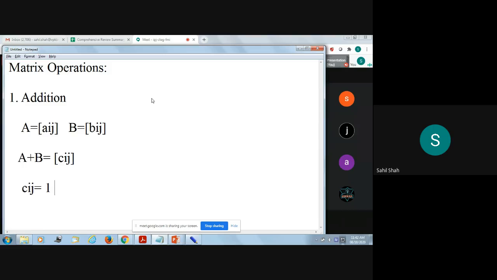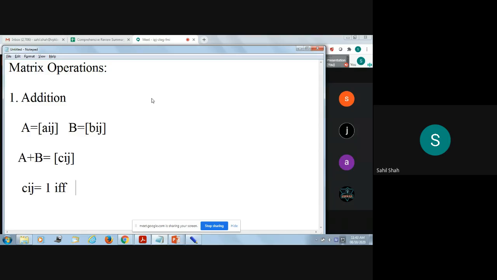Cij will be 1 if and only if, this will be a binary matrix, remember. So we are not going to perform actual addition. 1 plus 1 will not be 2, 1 plus 1 will be 1, 1 plus 0 will be 1, 0 plus 1 will be 1, and in case you are having both the zeros, then only you are going to have 0.